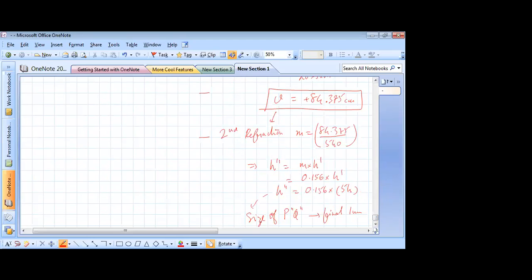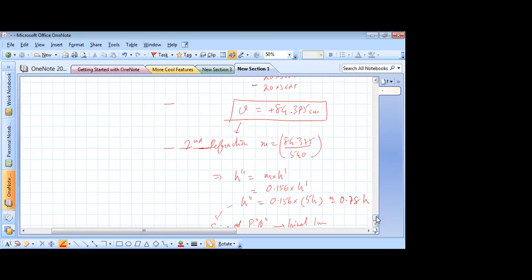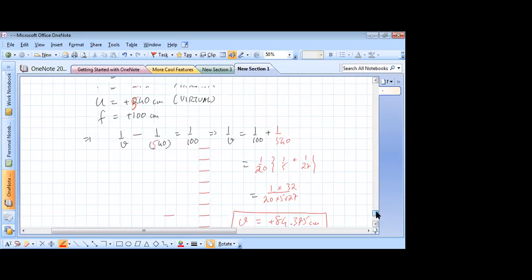So that is approximately 0.78 times h, what that original height is. Okay. So this is how we deal with a situation where there is a virtual object involved. So hope the concept of application of virtual object is clear.